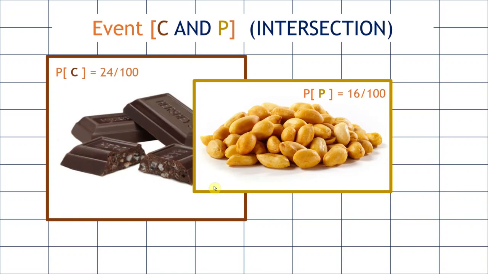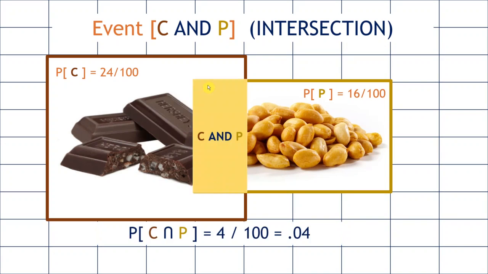So we're looking at the intersection between C and P. And that's this little region over here. We've seen it quite a few times, and it's 4. And we represent this intersection relationship using this upside down U symbol. So it formally represents this region.